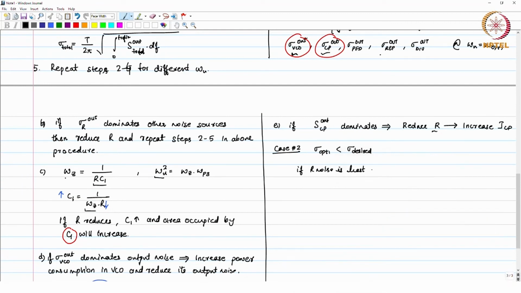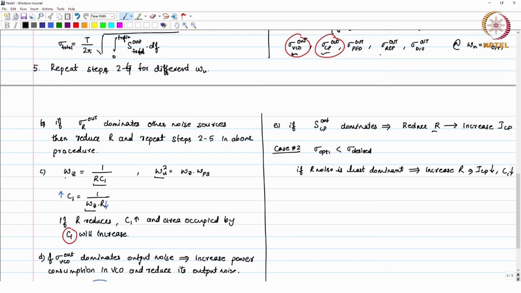Okay. So, let us say if resistor noise is least dominant, if R noise is least dominant, then in that particular case what you do is you increase R. If you increase R, what will happen is your ICP will reduce, your C1 will also reduce by the way, and by reducing ICP your power consumption will actually reduce in the PLL, and you can approach the sigma desired.